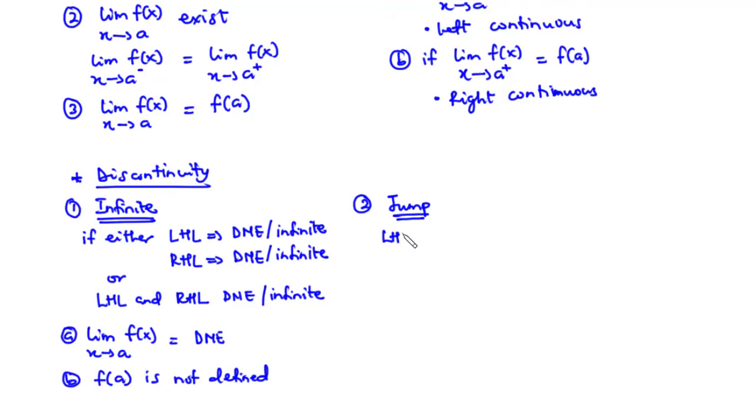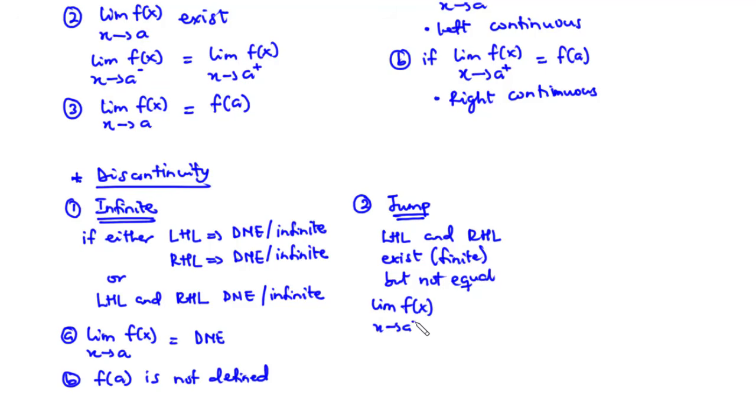So we say that the left hand limit is not equal to the right hand limit, and thus the general limit of the function as x approaches a does not exist.